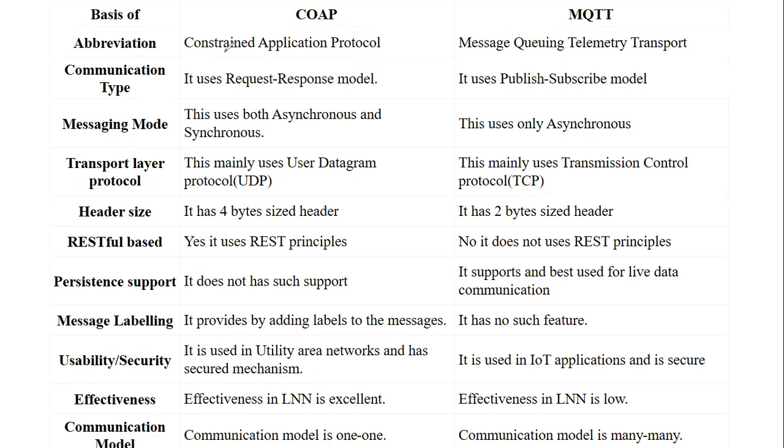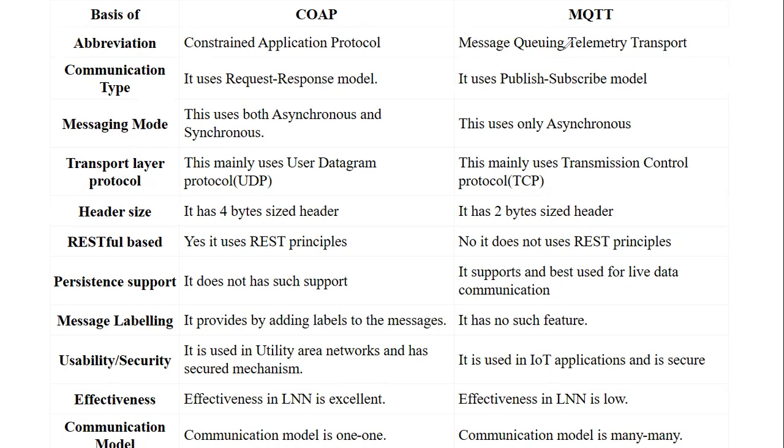The effectiveness of CoAP is best and MQTT effectiveness is low. And the communication model of the Constrained Application Protocol is one-to-one, and the MQTT communication model is many-to-many.